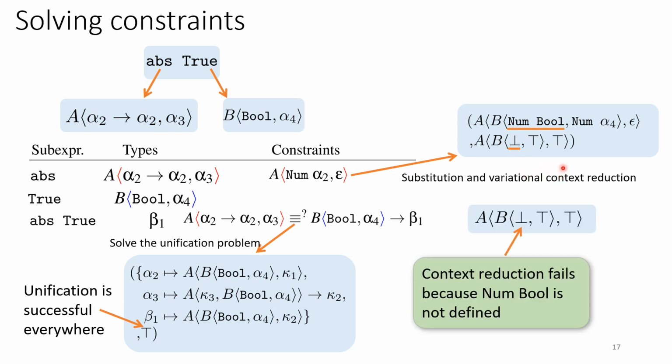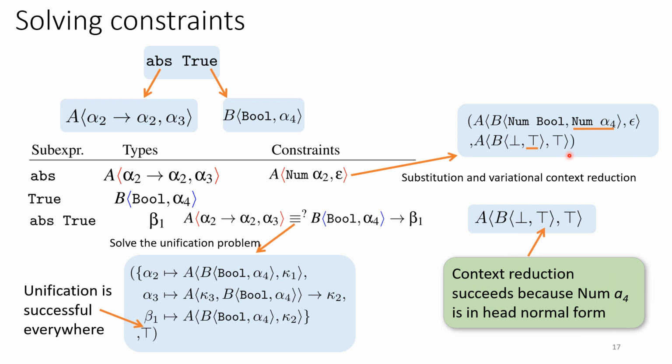So for example, in the first alternative of A and B, because we don't have an instance declaration for bool to be a member of num, we have a bottom to indicate that context reduction fails here. But for this part, because num alpha4 is already in head normal form, context reduction is successful, indicated by this top sign.